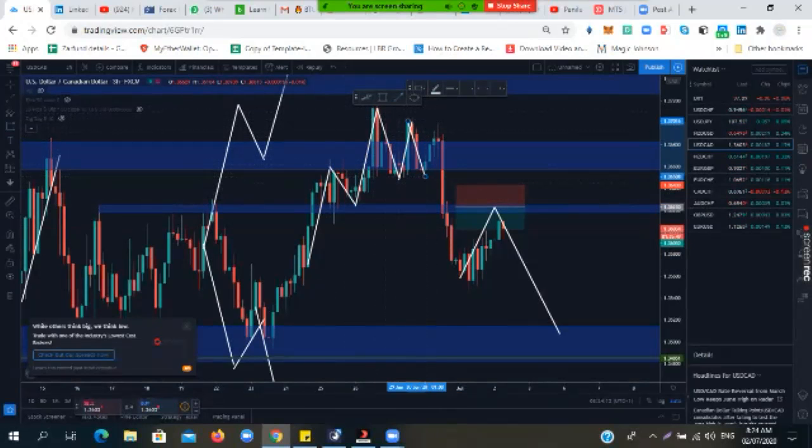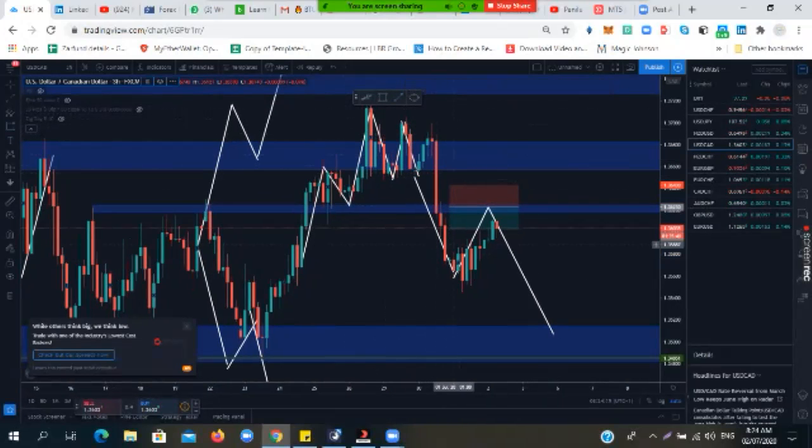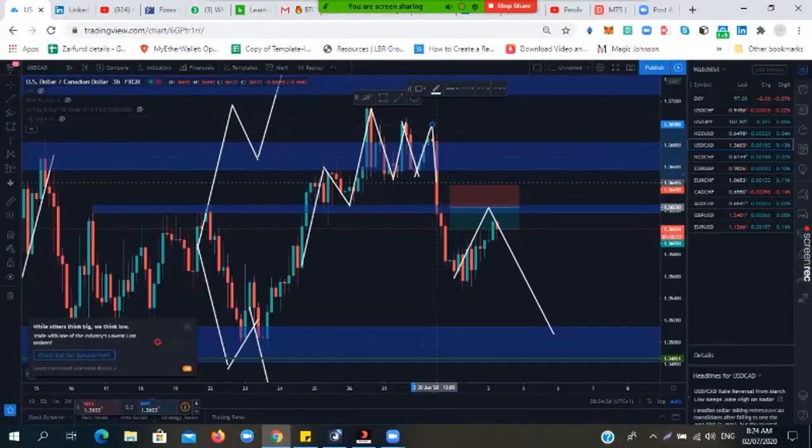Okay, guys, this is a structure we're going to be looking at, then the sell-off, then this sell-off here. So we might actually see price come to this structure.